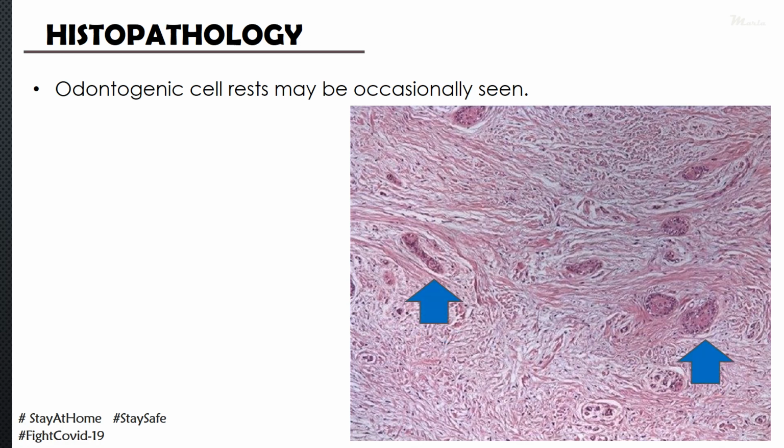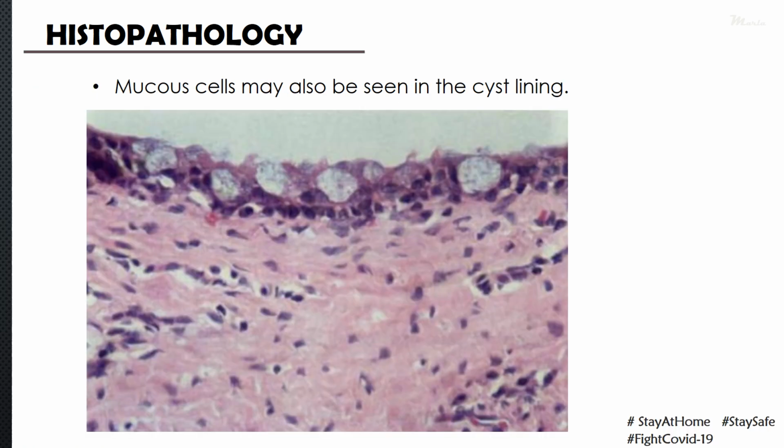So here you can see small groups of these resting odontogenic cells. Furthermore, sometimes we can appreciate mucus cells within the lining of the cyst. As you can see in the image here, we have large mucus cells in the lining of the cyst. The mucus cells arise as a result of metaplastic changes within this lining.